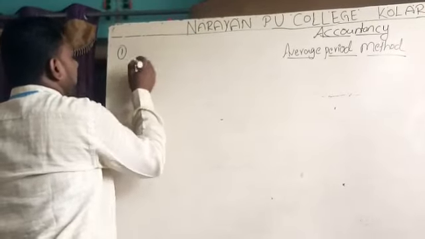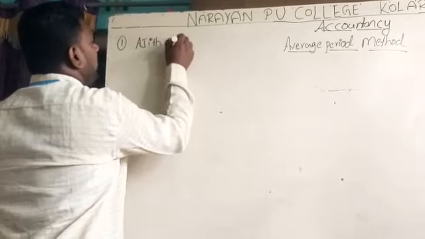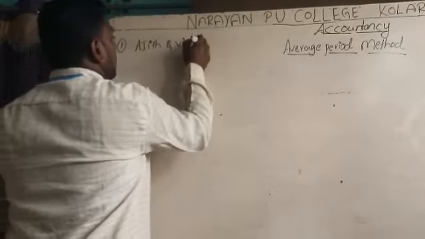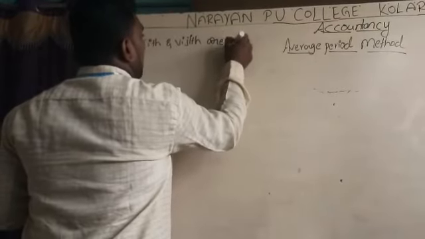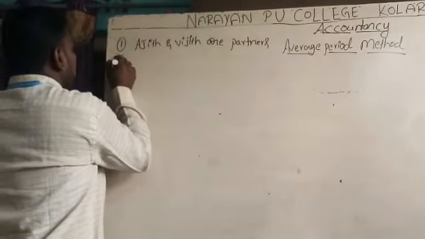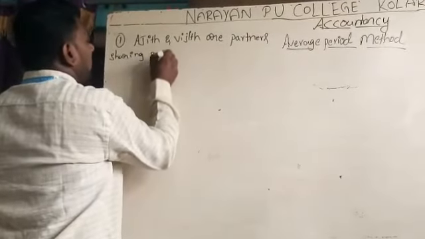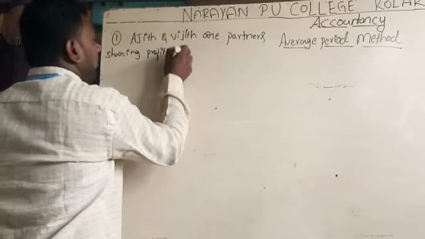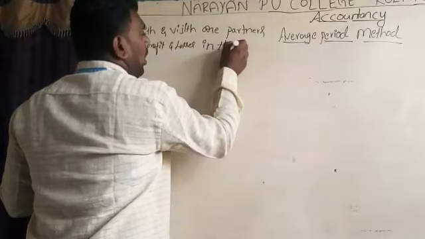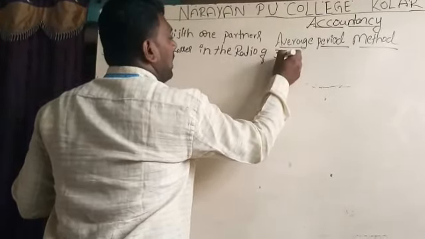Question number 1. Ajit and Vijit are partners sharing profit and losses in the ratio of 3:2.